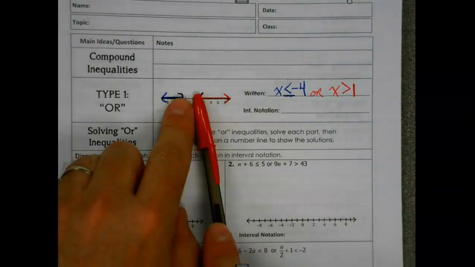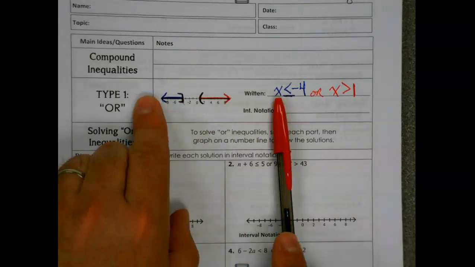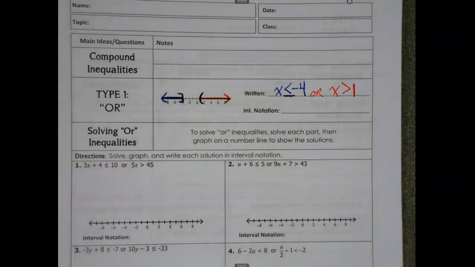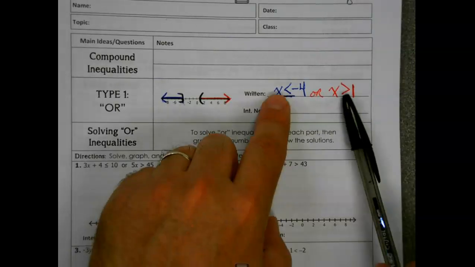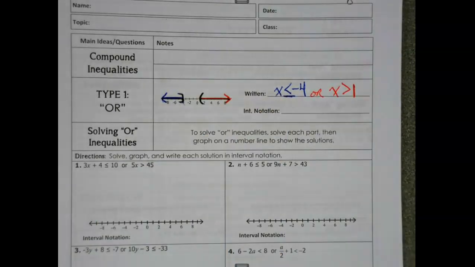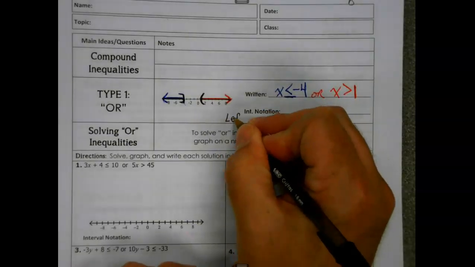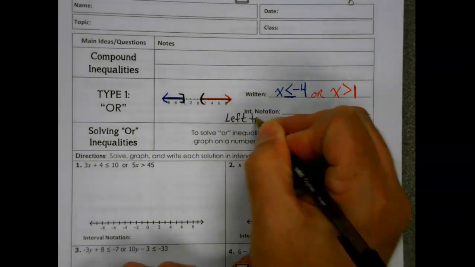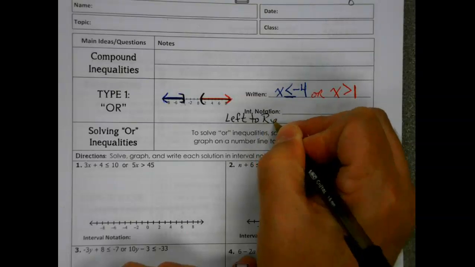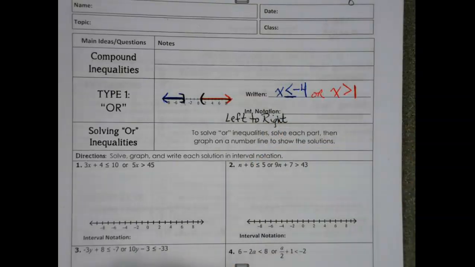So there can be two pieces to this. And so with an or statement, if we have our two inequalities that are separate, but we go to write it as an interval, this still goes from left to right just like it did yesterday. But this time that means there's going to be two pieces to it.